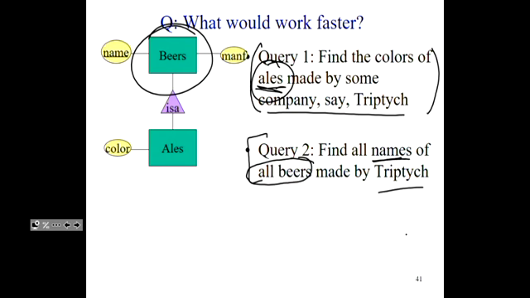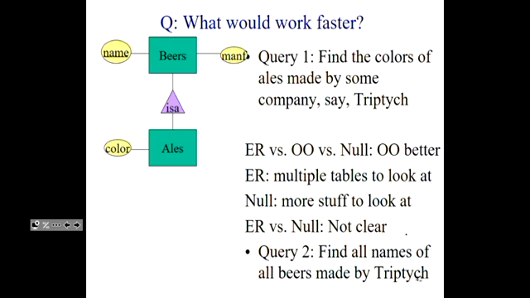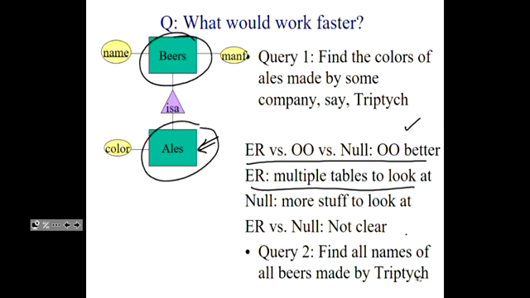So diving into a bit more detail for query 1, like we discussed, ER versus object-oriented versus null, the object-oriented approach is better. This is because all you need to look at is the relation corresponding to beers that are ales, right? The ER approach, on the other hand, you'll need to look at multiple relations. You'll need to look at both the ales relation as well as the beers relation.